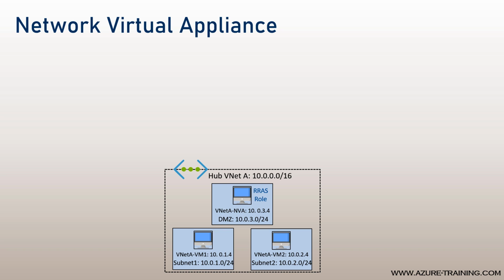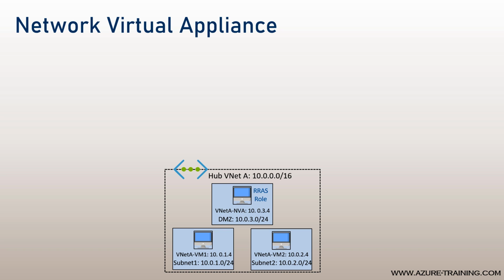Each one of the subnets has one virtual machine, and the virtual machine within the DMZ is named VNet A NVA. NVA is for Network Virtual Appliance. It has an IP address of 10.0.3.4. And how have I configured it as a routing server, as an NVA? I have configured the RRAS role on this server, which is Remote and Routing Access Server.